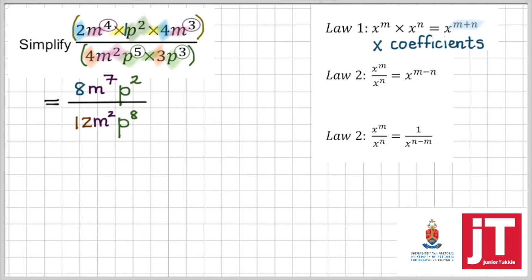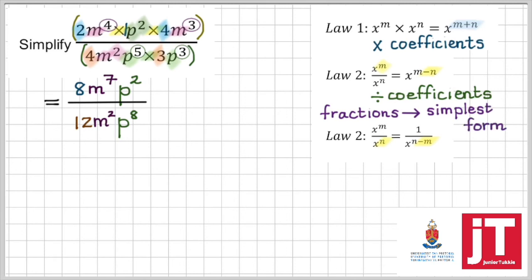Now that we have simplified the numerator and denominator as far as possible, we can go ahead and divide. And we remember that when dividing, we make use of law number 2, which says that when we divide, we subtract exponents of powers that have the same base.